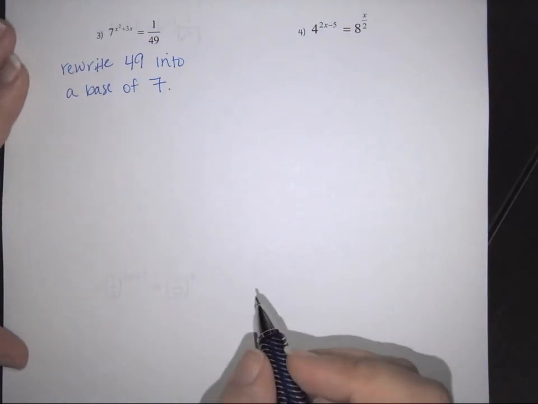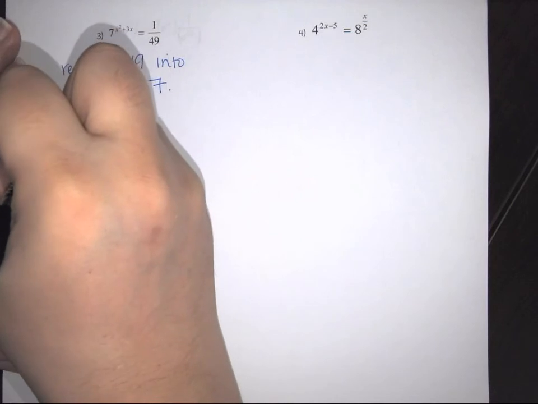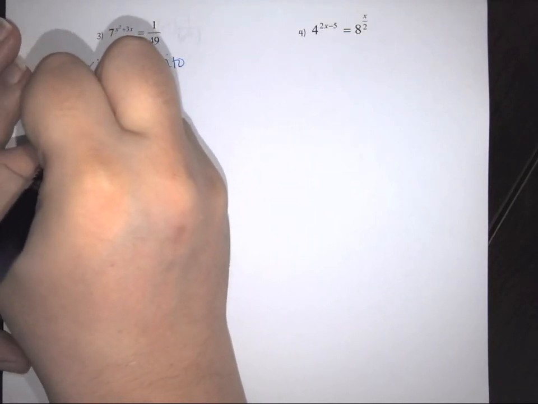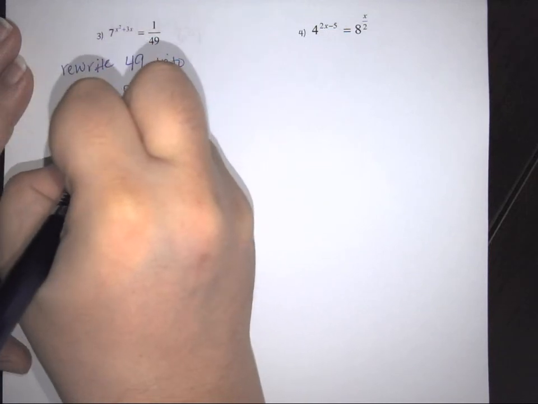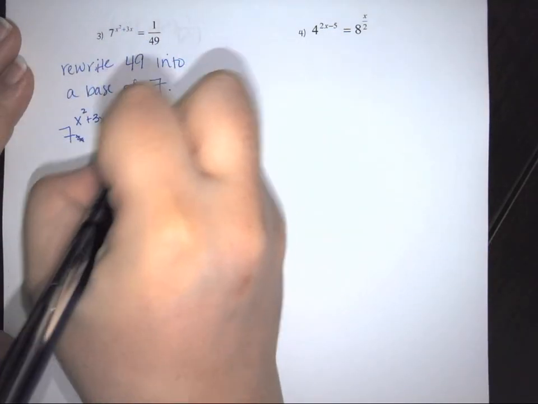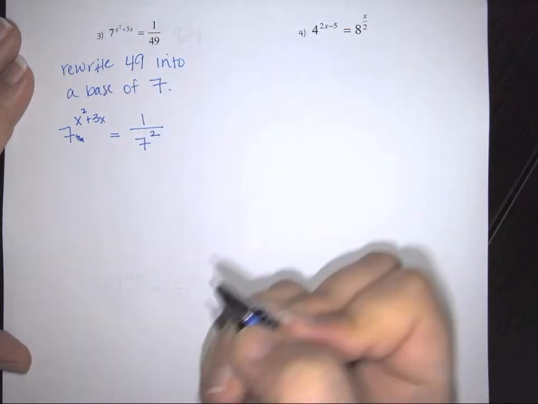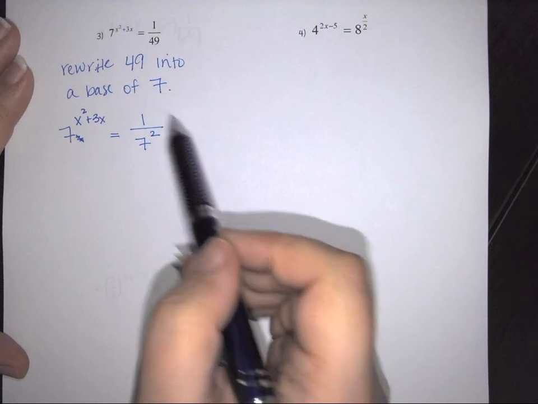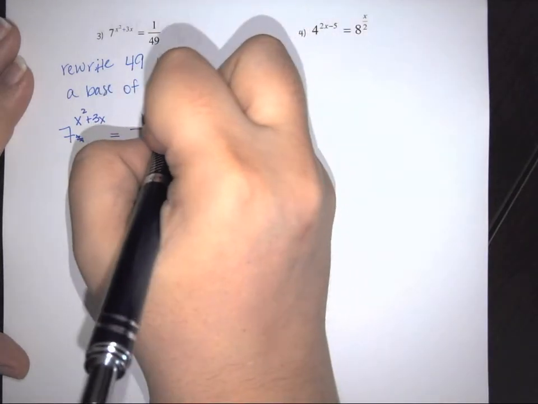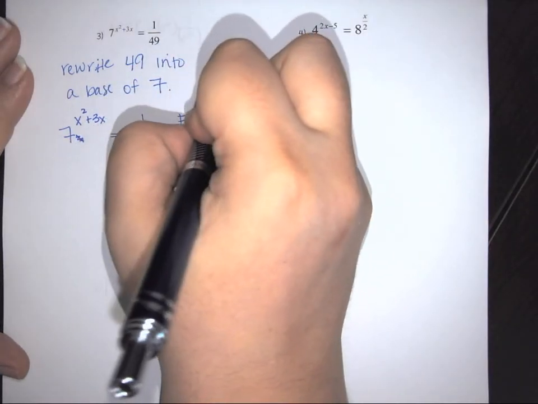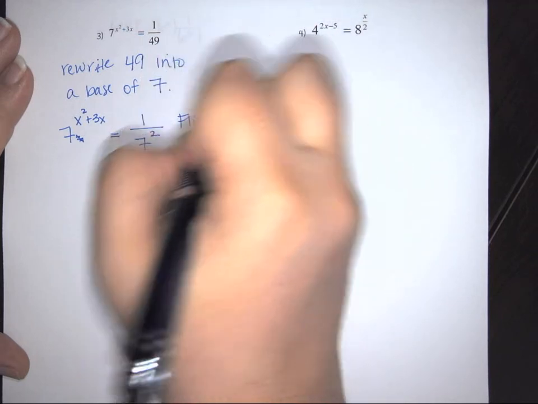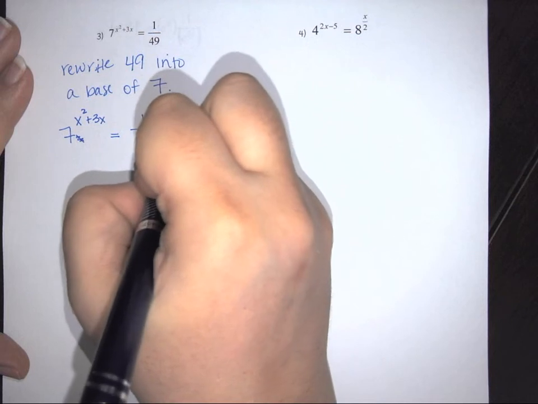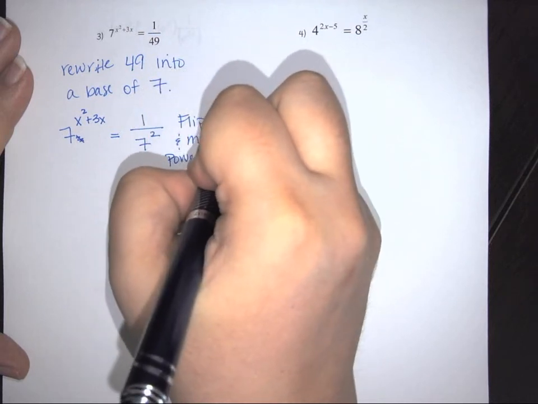So, what do I know? Well, I have 7 to the x squared plus 3x is equal to 1 over 7 squared. Well, I still need to make it a base, which means at this point I need to flip it and make the power negative.